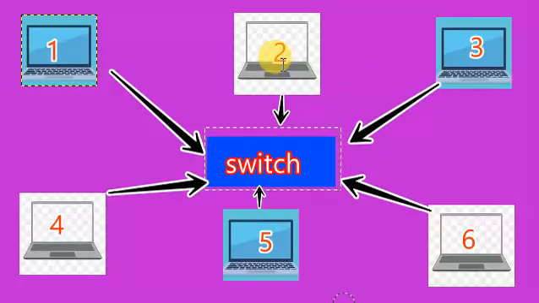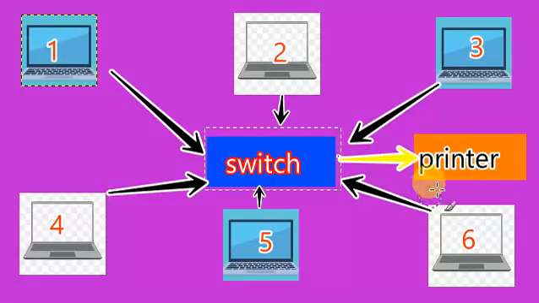Computer 2 will forward the data to the switch and the switch will forward it to 3. So that is how the switch helps. And also it's a very important device on every network. So that is basically what a switch does.